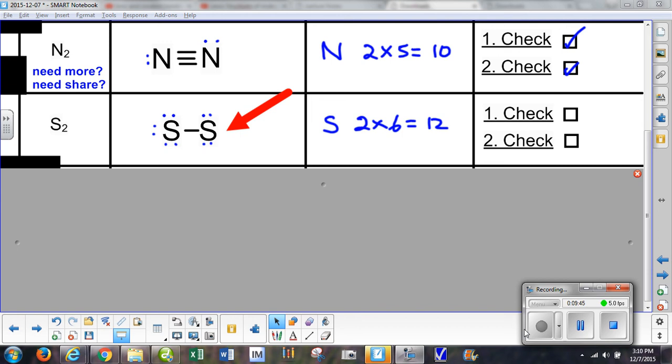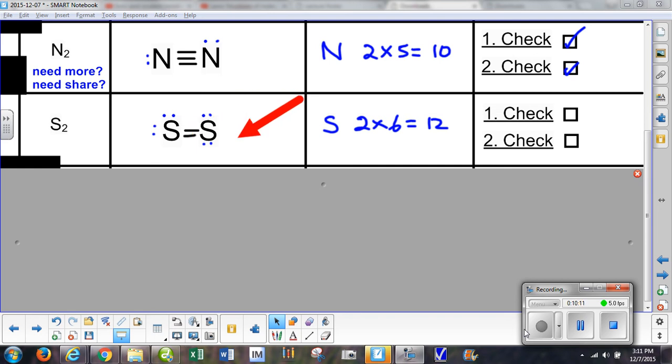Okay, so what he does is he puts a bond in here, and we take these guys away, and now sulfur on the right has 2, 4, 6, 8. Sulfur on the left has 2, 4, and we count these guys again. 6, 8.